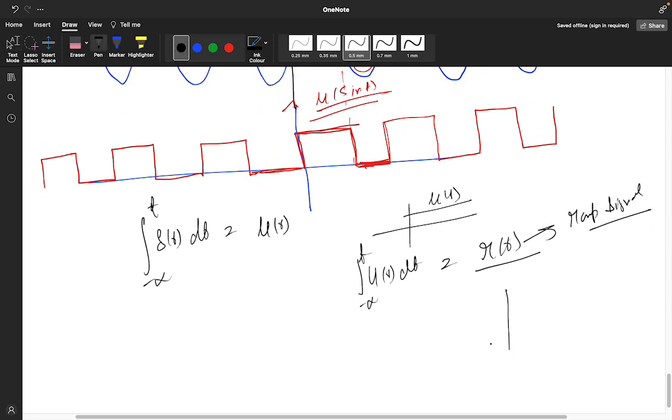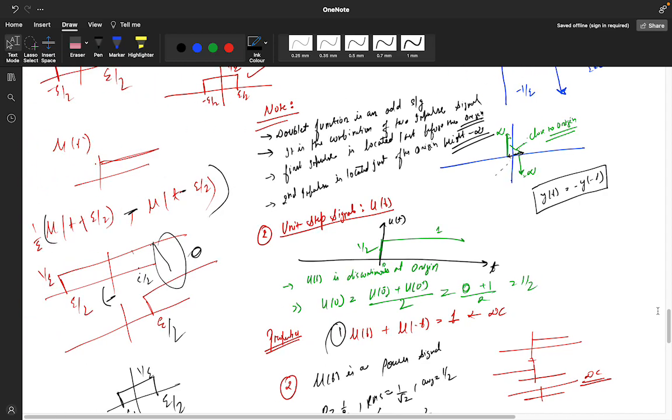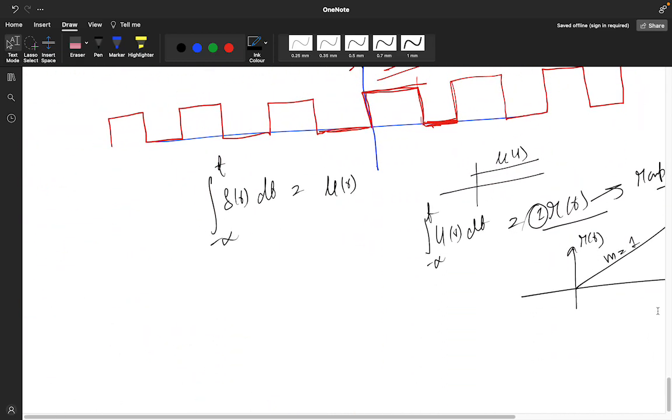Ramp signal is nothing but slope, like this. The slope here is 1. This is your ramp signal, r of t. Now, we discussed two signals.